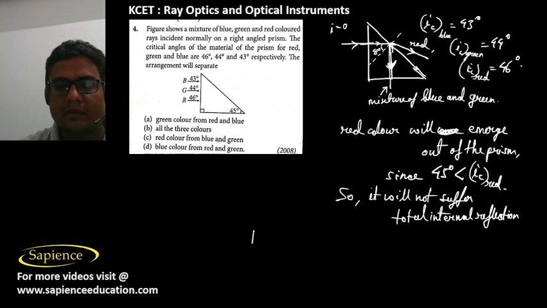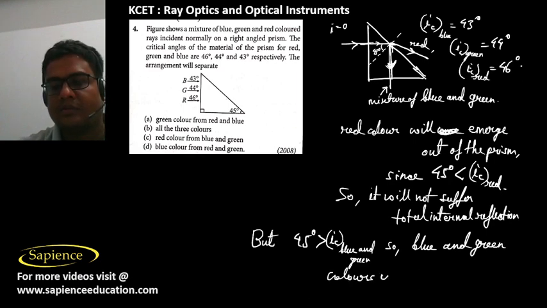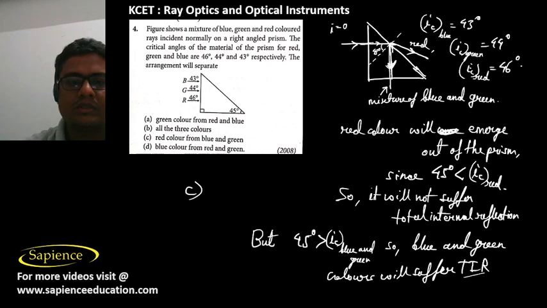But 45 degree is more than the critical angles for blue and green. So blue and green colors will suffer total internal reflection. Okay, so option C is the correct answer.